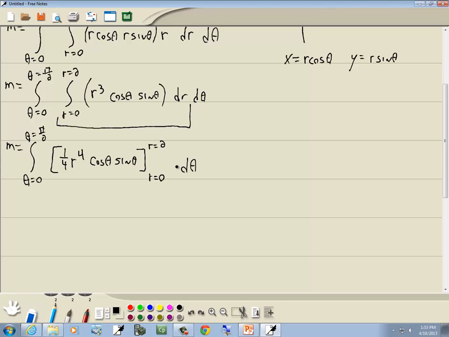Well, the 1/4, I'm going to move clear out in front. Numbers you can freely take clear out in front. The cosine theta, sine theta, I'm going to put in front of the bracket. And I'm left with r to the fourth from r equal to 0 to r equal to 2.